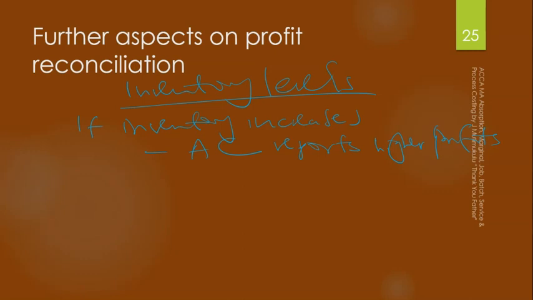When we have more overhead in closing inventory, the ultimate cost of goods sold figure decreases. When the cost of sales figure decreases, then profits become higher.